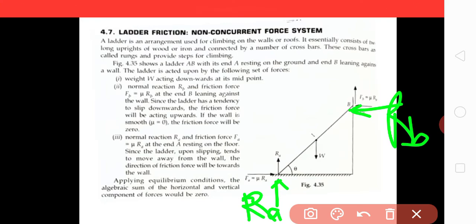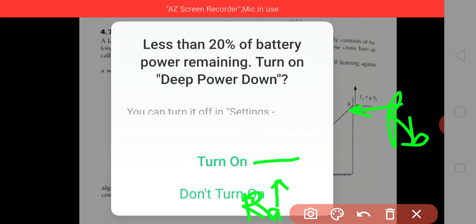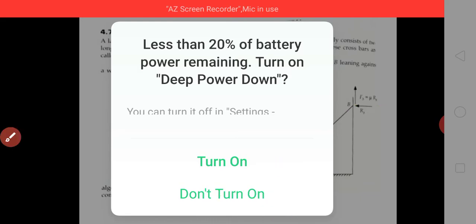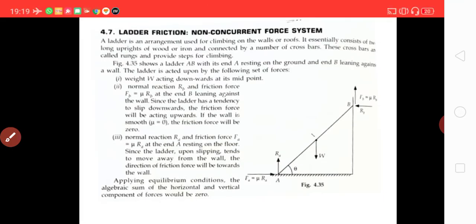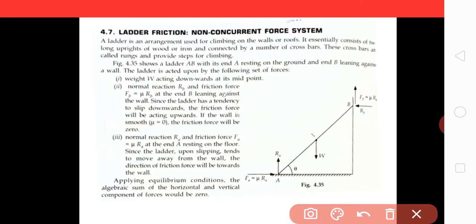When the ladder is just about to slip, at the impending condition, this end will slip like this and this end will slip like this.